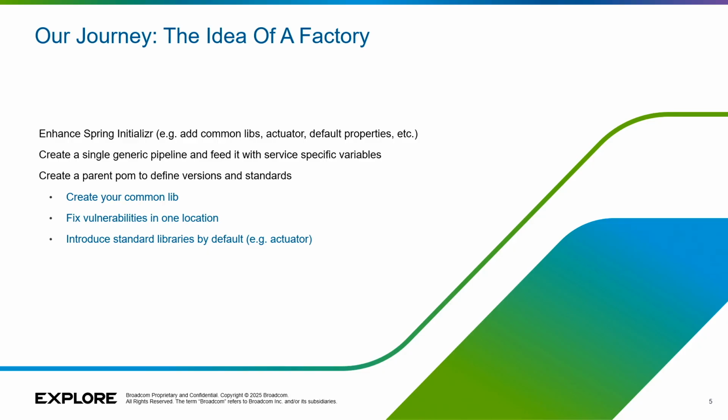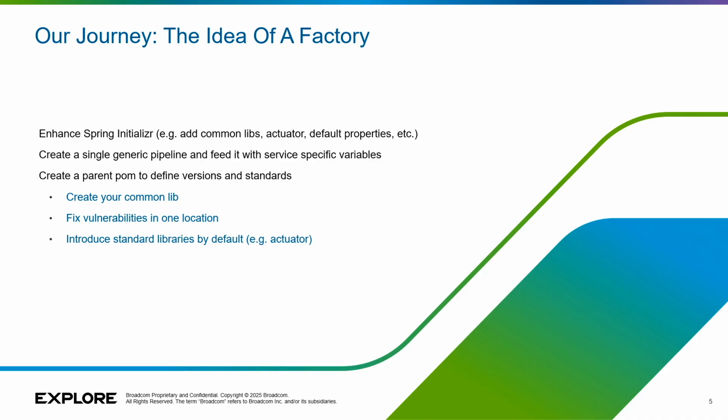The first approach we took: we forked the Spring Initializr and modified it so that when you press the generate button, you not only get a Spring Boot project, which is a good start, but we also wanted to get our governance in there, right? So we added some properties by default. We added some libraries by default.